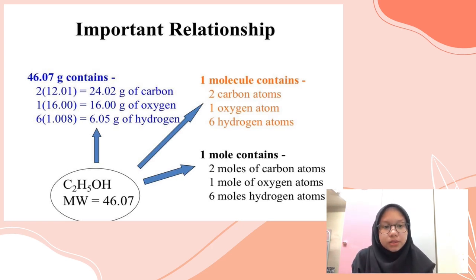This ethanol is a molecule. One molecule contains 2 carbon atoms, 1 oxygen atom, and 6 hydrogen atoms. And the same goes for the mole. 1 mole contains 2 moles of carbon atoms, 1 mole of oxygen atoms, and 6 moles of hydrogen atoms.